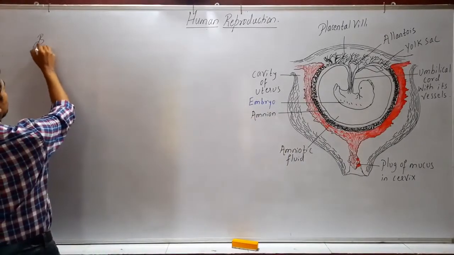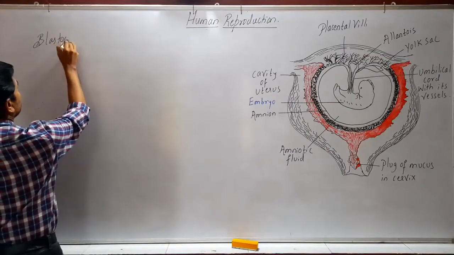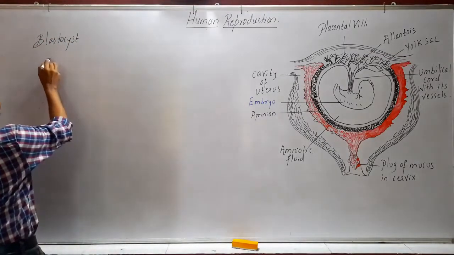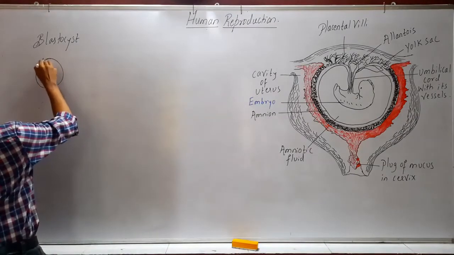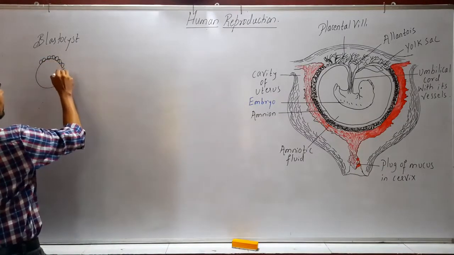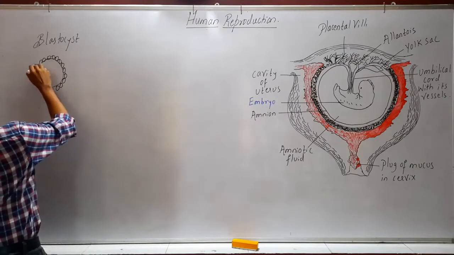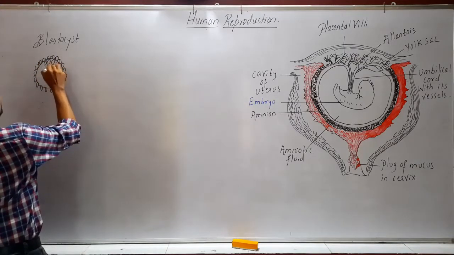Now, here the blastocyst, as we know, has outer layer cells and an inner cell mass. The outer layer cells are called trophoblast cells. The inner cell mass is a group of cells.